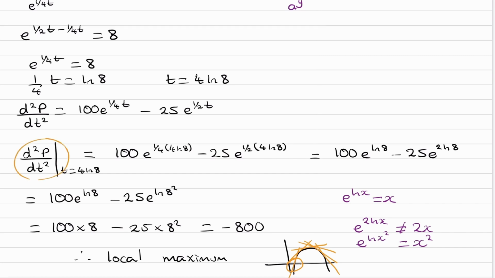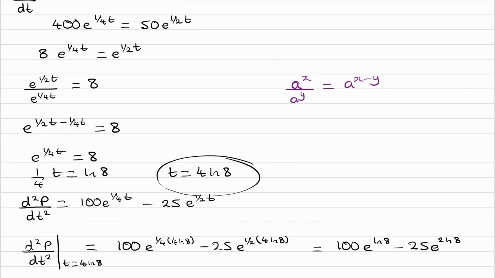The double differential tells you the rate of change of the gradient. So if our gradient is decreasing as we go from left to right, the rate of change of gradient should be negative, which is what we have at a local maximum. So that means that 4 ln 8 is correct. That is the value of time that we want to be using.